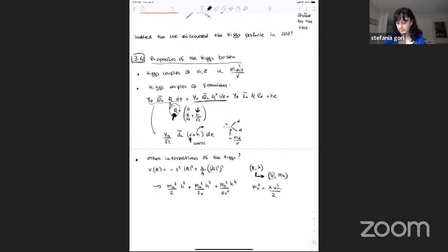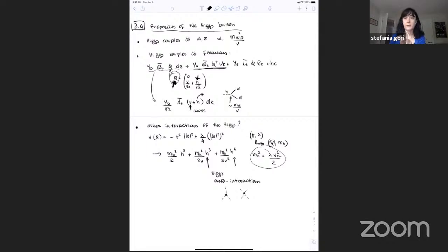The reason I'm showing you this is, first, some of you were asking about the mass of the Higgs, and we see that this is related to the vacuum expectation value. And then we also learned that we have Higgs autointeractions, so interactions of the Higgs with itself. So we'll have couplings like this and this.